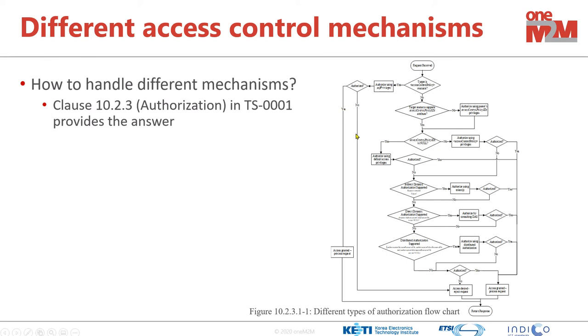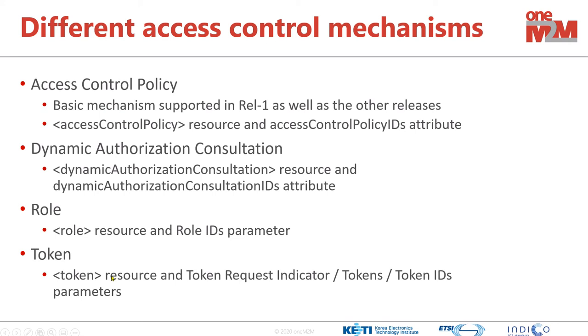So I said that there are many different ways in the specification. So how do I use them in a harmonized way? TS-0001, which is the functional architecture, defines the call flow, how to use them, because depending on the system, by implementation, maybe I can support two of them or three of them, and depending on the resource setting, in different cases, maybe I should apply the first one and the other one, and not just this one.